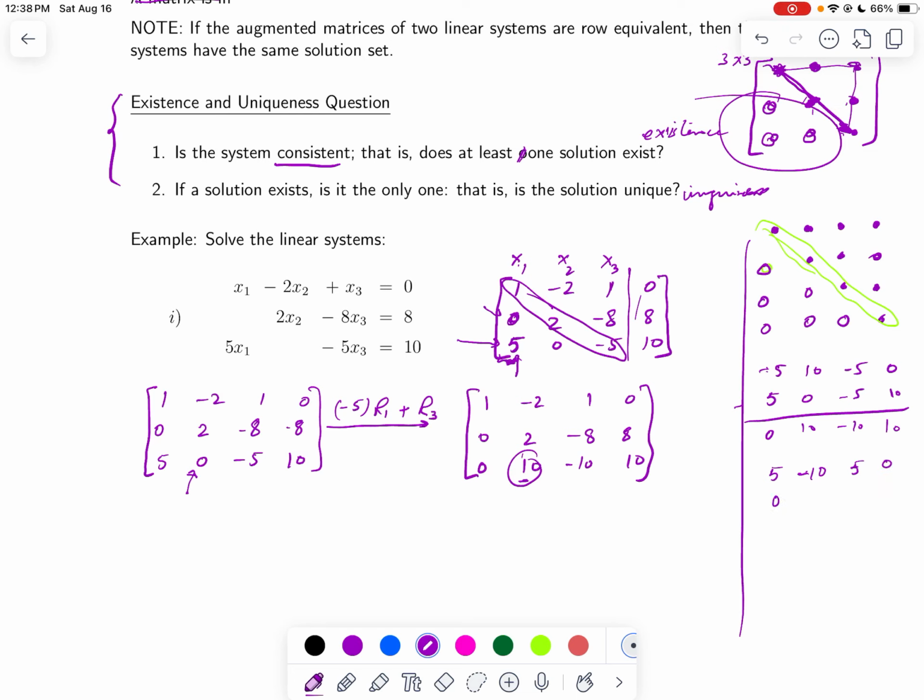And now if I add the third row, what is going to happen? I'm going to get this 5.